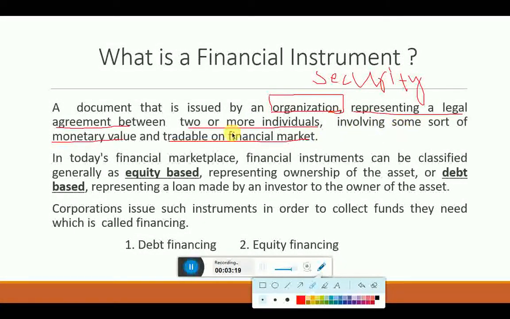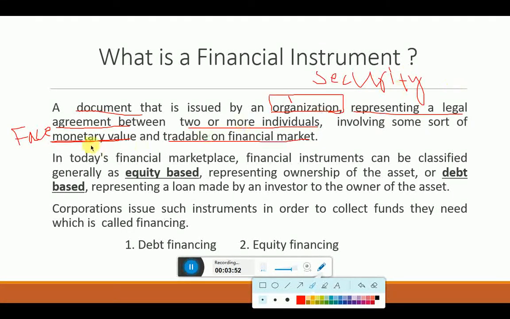And number 3 is it has a monetary value. The value of that could be written on the face of it, right? On the face of the document, the monetary value is specified. So a document which contains, number 1, these characteristics, that it's issued by an organization.